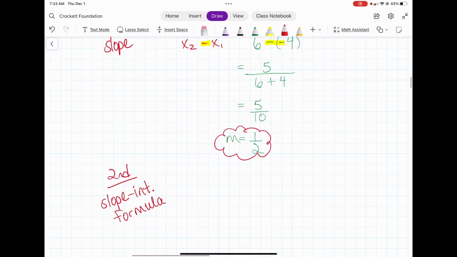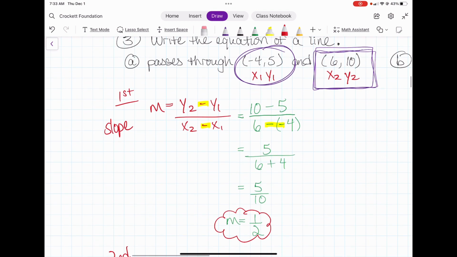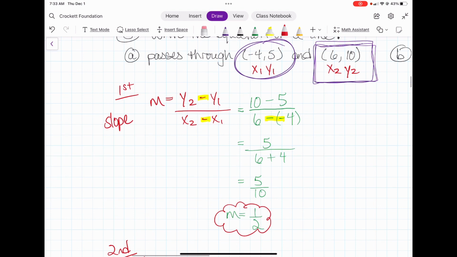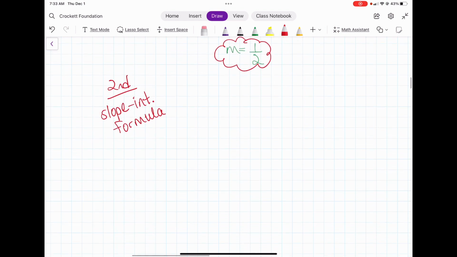But for this example, let's go ahead and keep it going. I'm going to use negative 4 and positive 5. So let's see here. I'm going to rewrite my formula. It's y equals mx plus b. We said that our slope, which we already know is 1/2, and the point that I chose was negative 4, comma, positive 5.